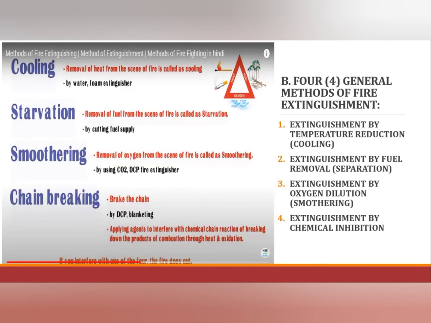The second method of fire extinguishment is extinguishment by fuel removal. That is the separation. It can also be known as starvation.